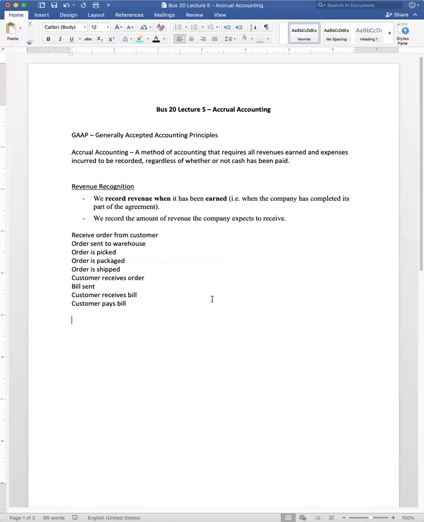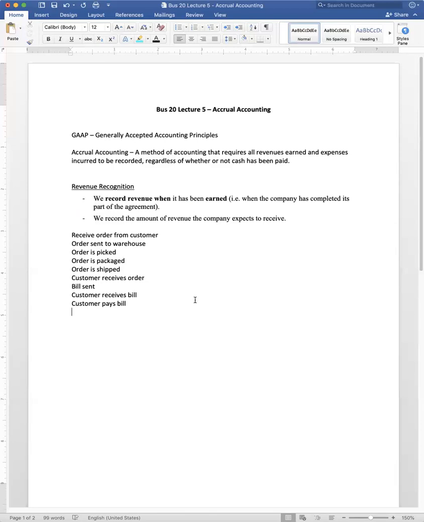Typically, I find most students feel that revenue has been earned when the customer pays the bill. But that's not correct. That's because we have to look at the revenue recognition principle here. We record revenue when it has been earned, and it's earned when the company has completed its part of the agreement. Okay, what did the company agree to do?